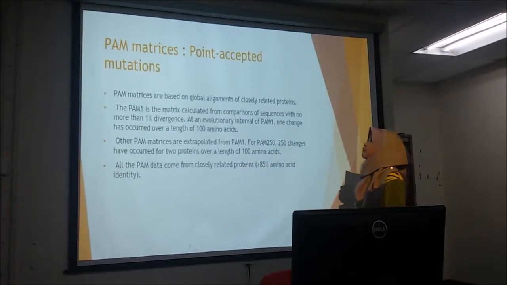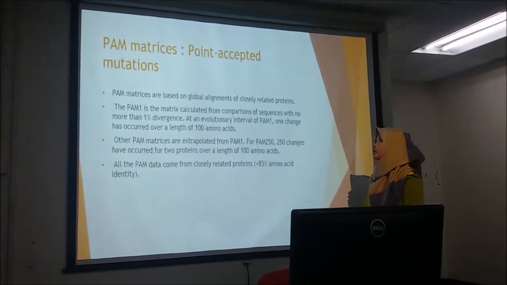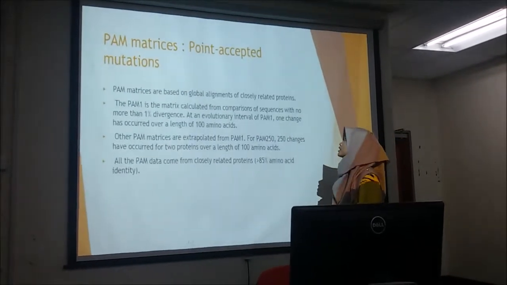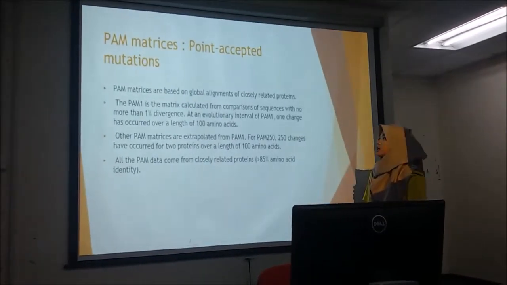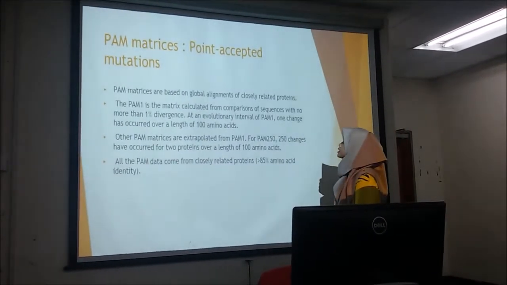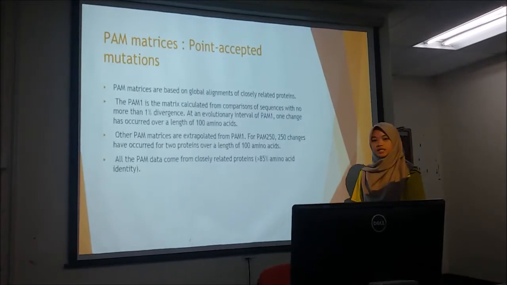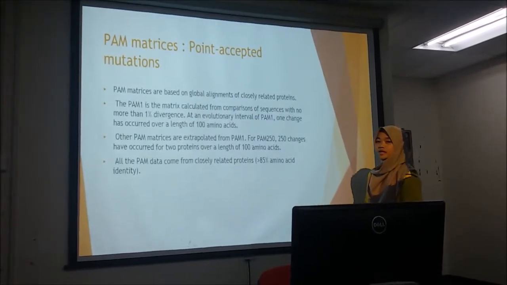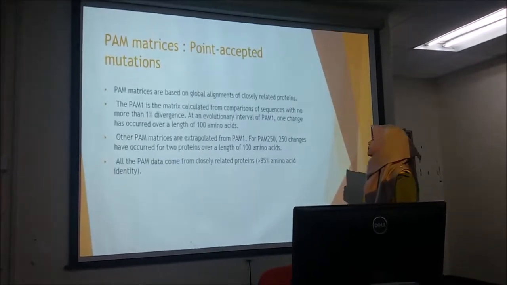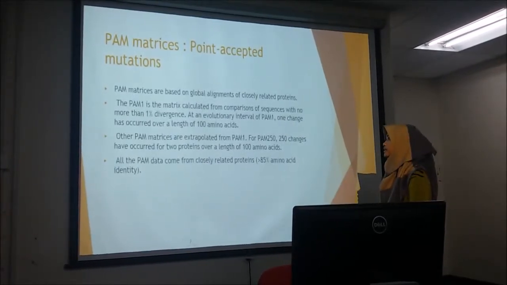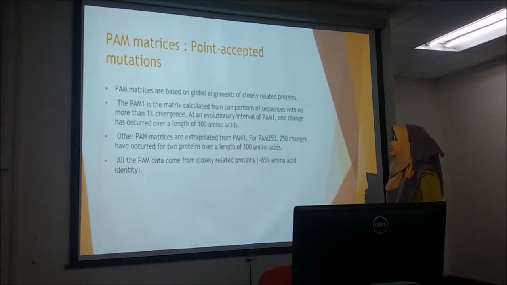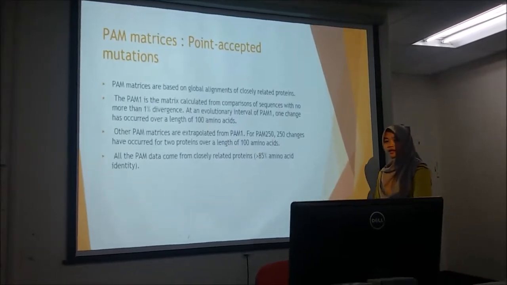So, we take a look at PAM matrices, which is point accepted mutation. It is based on global alignments of closely related proteins. The PAM1 is the matrix calculated from comparisons of sequences with no more than 1% divergence at an evolutionary interval of PAM1.